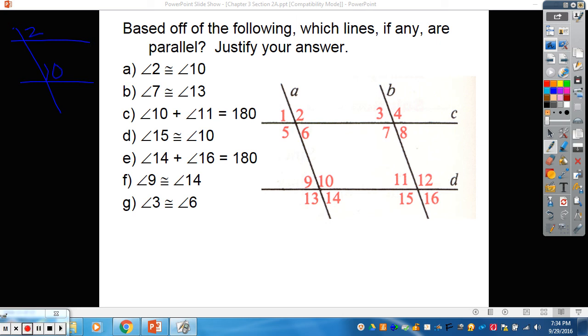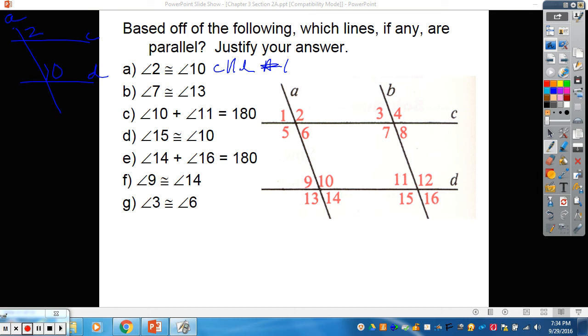Now those two angles are corresponding, and we're told that they're congruent according to A. So if they're corresponding, the transversal will be A. A is the transversal. So C and D need to be your parallel lines. So I'm going to say this: C is going to be parallel to D, with a justification of, since they are corresponding, number 1.